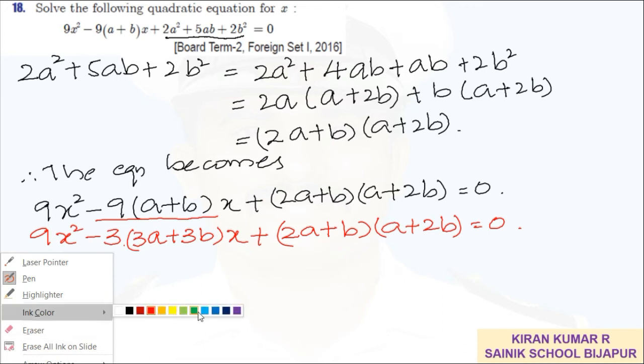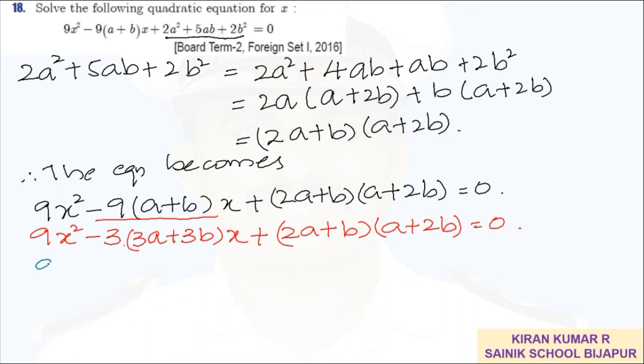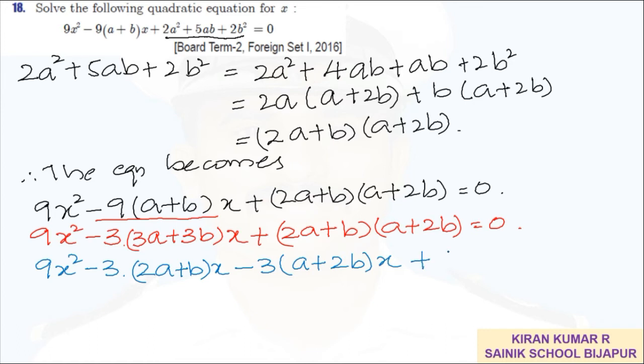I'll change the color. Let me write this as 9x square minus 3. This particular thing I will write as 2a plus b multiplied to x minus 3 times of a plus 2b multiplied to x plus 2a plus b multiplied to a plus 2b equal to 0.